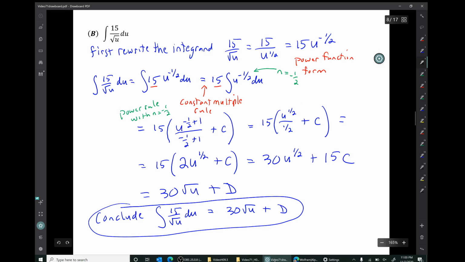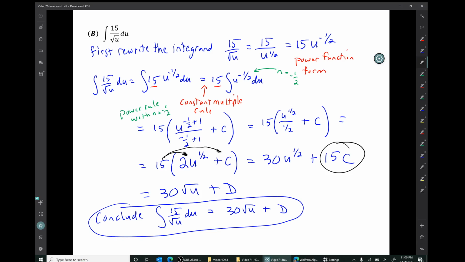And then notice that this 15 gets distributed 2 places. I end up with a 15c. And here's one of those instances where I have a constant of integration, c, that can be any real number. So then 15c can be any real number.